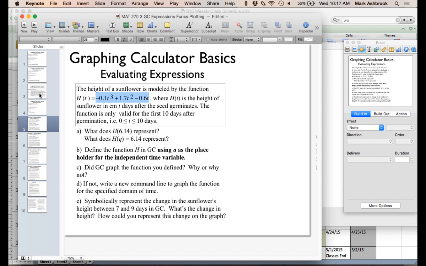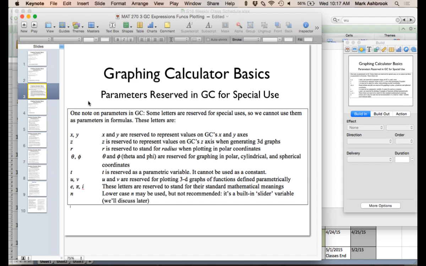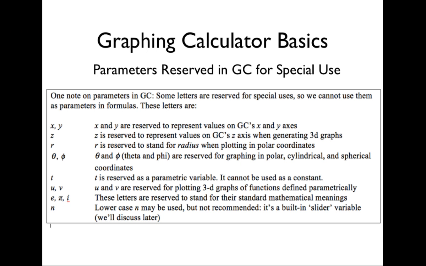So here are, in GC, there are certain symbols that are reserved, and you don't want to use them just as a variable or a function name that you're defining. So x and y. x and y are reserved to represent the values on the x and y axes. So x and y would be like a prompt to GC that you want to display a graph.